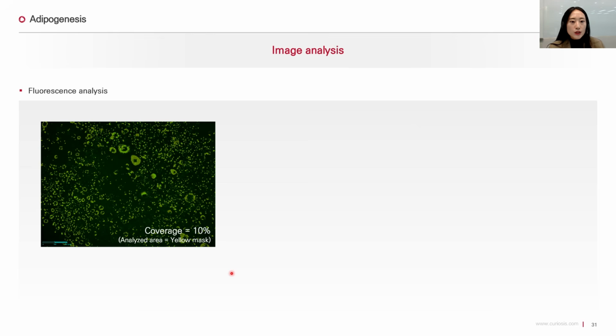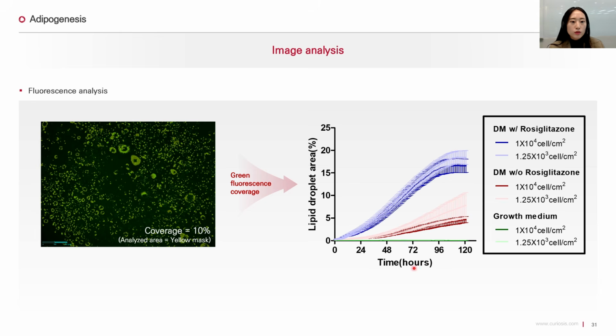To quantify these changes, we use CellLogger's analysis software to measure green fluorescence coverage, which represents the lipid droplet area. The graph on the right shows that differentiation progressed steadily over time and was significantly enhanced in the rosiglitazone-treated group, confirming its strong effects on promoting adipogenesis.